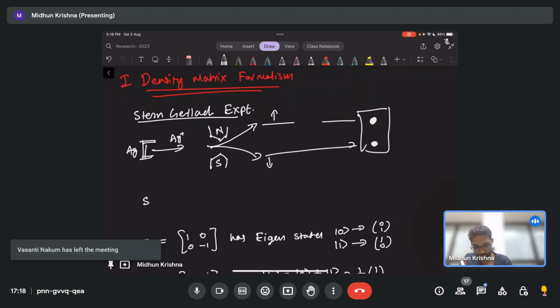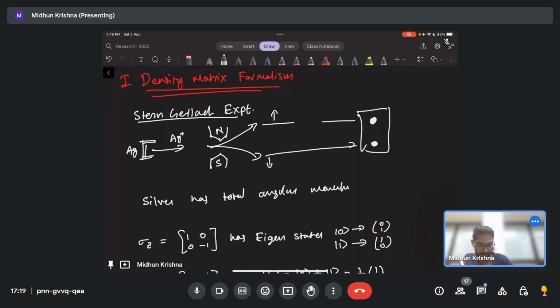Silver has total angular momentum, I mean, it's actually root of one half into one half plus one, times h-bar, but it's a spin half particle. So this is the total angular momentum.